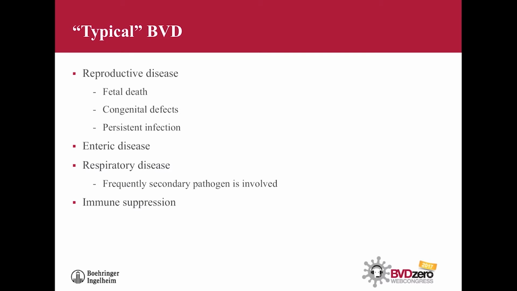Enteric disease, why diarrhea is in the name, isn't the most common presentation of BVD infections. Respiratory disease is frequent, because the virus is immunosuppressive and allows secondary pathogens to have a more severe infection.